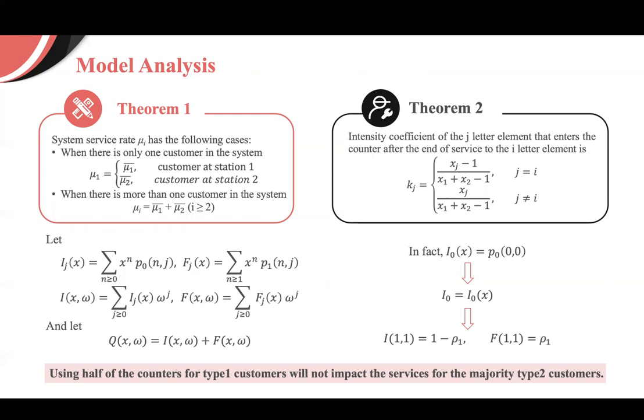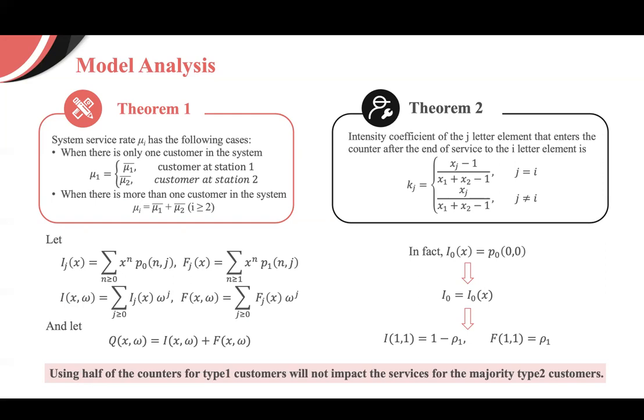Since I_x equals P00, mark I0 equals I0x, then it can be obtained that when both counters are providing services, F11 is rho 1, while I11 is 1 minus rho 1.